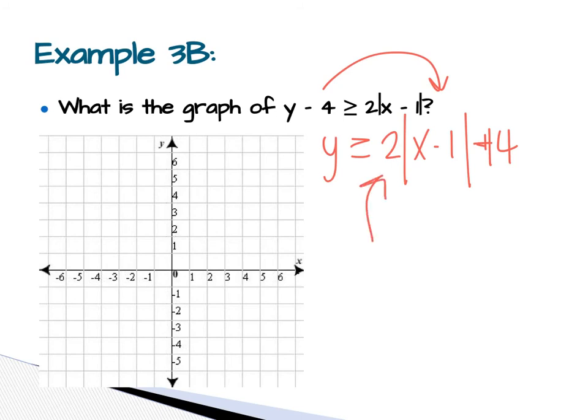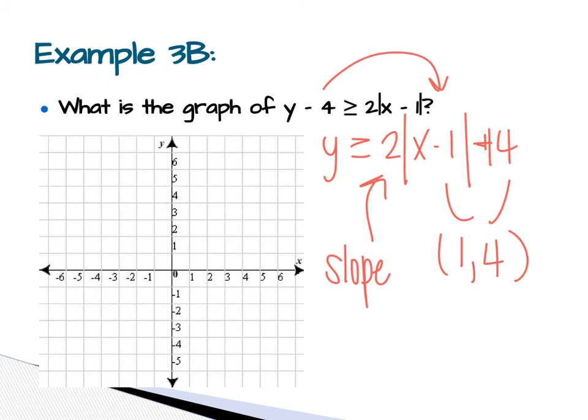So the 2 is my slope. The 1 and the 4 is my vertex point, so that's going to be opposite of that, and then that, so positive 1, 4. And then this time I'm not doing it by transformations, I'm going to do it by general form of an absolute value.